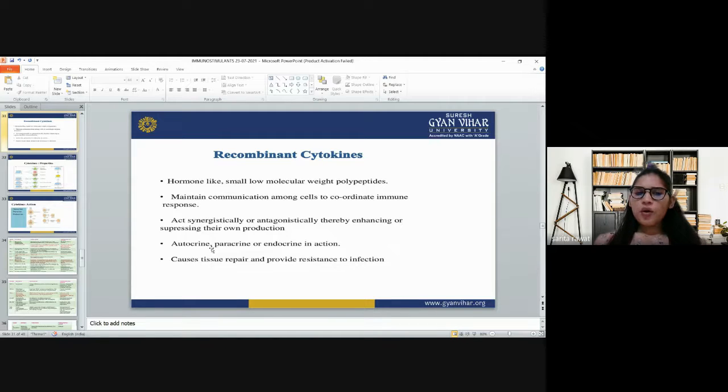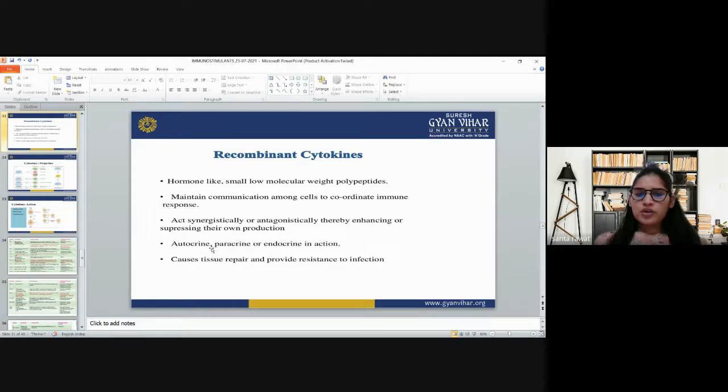Now the next we have recombinant cytokines. They are hormone-like, small, low molecular weight polypeptides. They maintain the communications among cells to coordinate immune response, act synergistically or antagonistically, thereby enhancing or suppressing their own production.